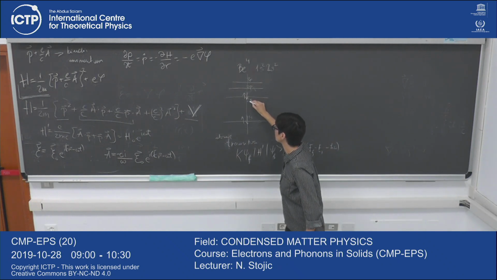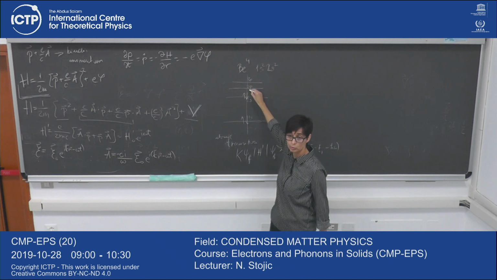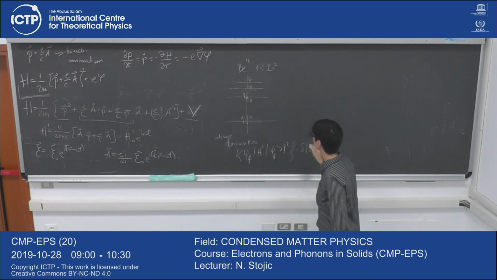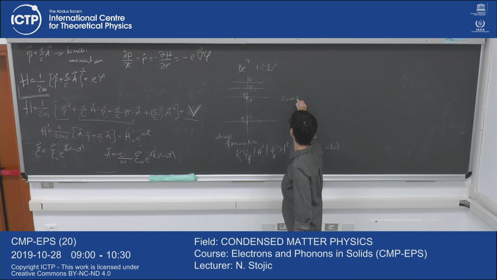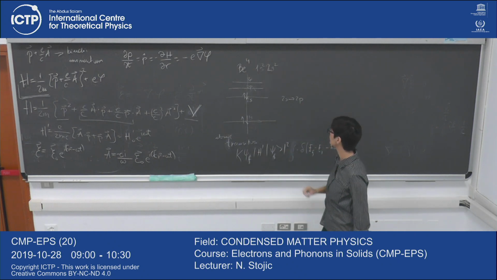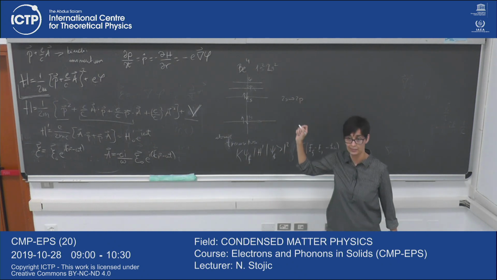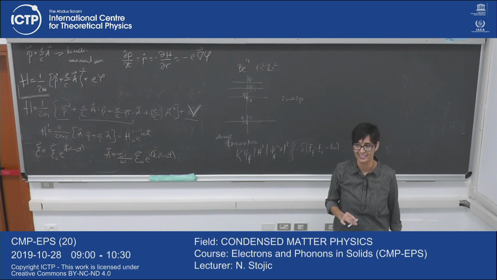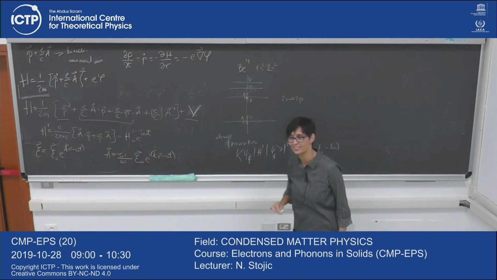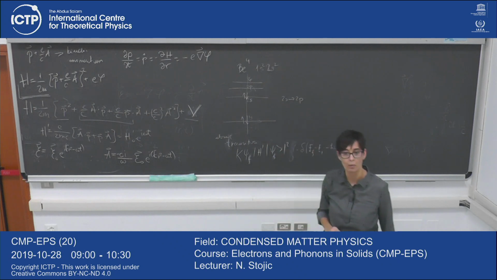What can happen? The lowest energy to excite is from 2s to 2p. That can happen. But can I excite from 2s to 3s? Maybe, if the energy is right. No, you cannot.